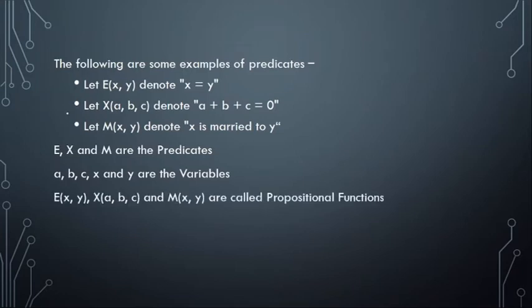Then if you notice, these predicates are called propositional functions, because they look like a function. If you have studied C++, the form is a function name, then its arguments or parameters inside. But here it is the predicate and the variables.